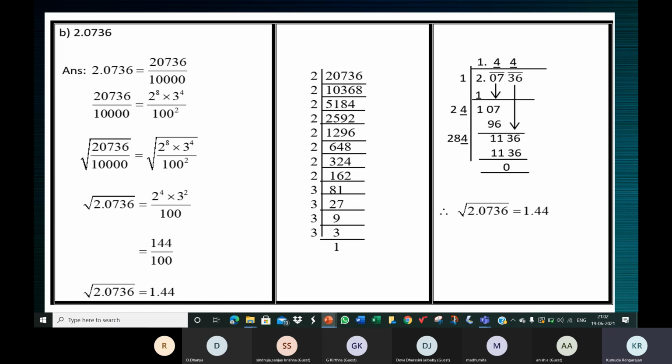Find its side and perimeter. 1281.64. Got it, children?